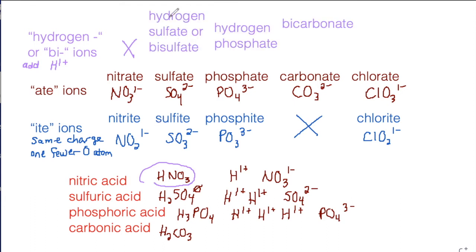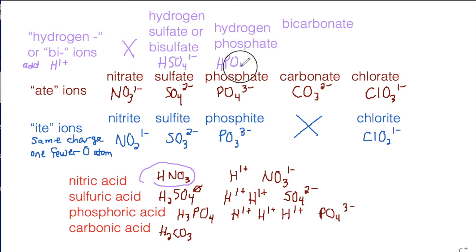So for sulfate, we can make the hydrogen sulfate ion, also called the bisulfate ion, by adding an H+. So we're going to add an H to the front here, HSO4, and then when we add a +1 to a -2 charge, we come out with a -1 charge. Then we have hydrogen phosphate here. You can call it biphosphate, but hydrogen phosphate is a more common name.